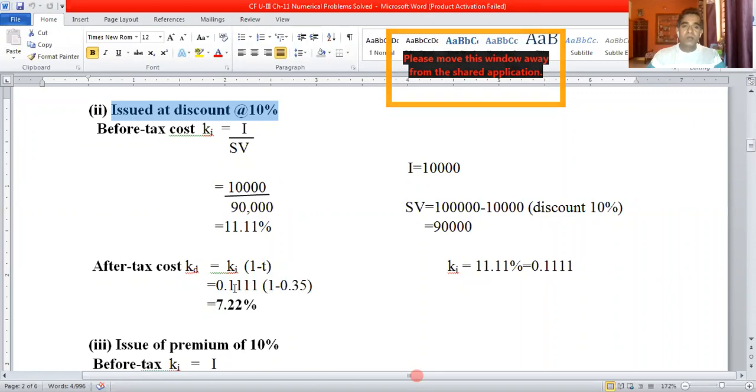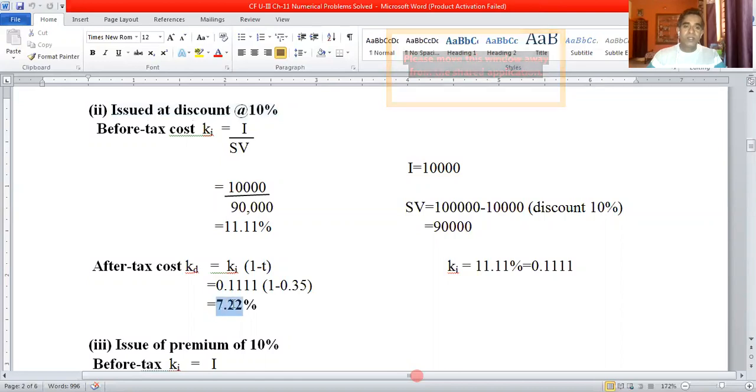So 0.1111 into 1 minus 0.35. If you simplify this, you will get 7.22% as the after-tax cost of debt when the debt is issued at 10% discount.